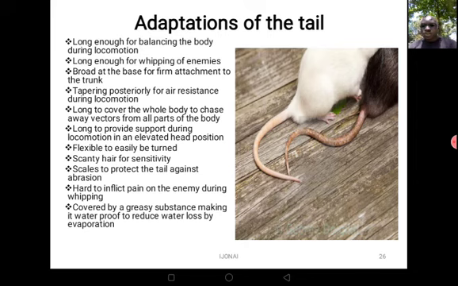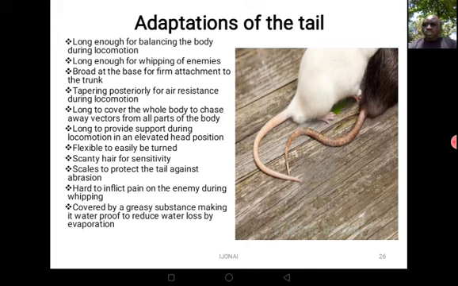And then it is long to cover the whole body to chase away vectors from all parts of the body, mosquitoes, flies, and so on. Long to provide support for locomotion, especially to elevate the head area, the upper part of the body, like we said before. It can stand on the tail to elevate the upper part of the body.